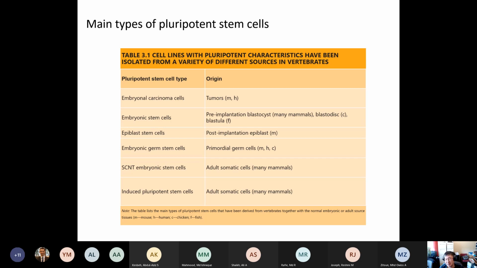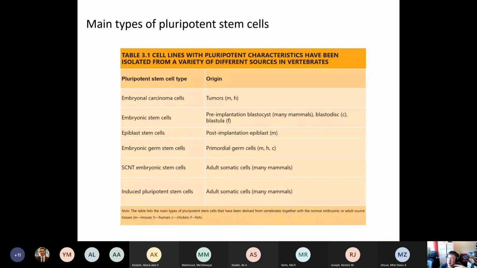So what I'm trying to say is, if you take those embryonic germ cells and put them into the muscle of an animal, it's going to cause teratocarcinoma. That's one of the ways we demonstrate if a cell is pluripotent, right? You have two ways. One is the formation of teratocarcinoma, the other is chimera formation.